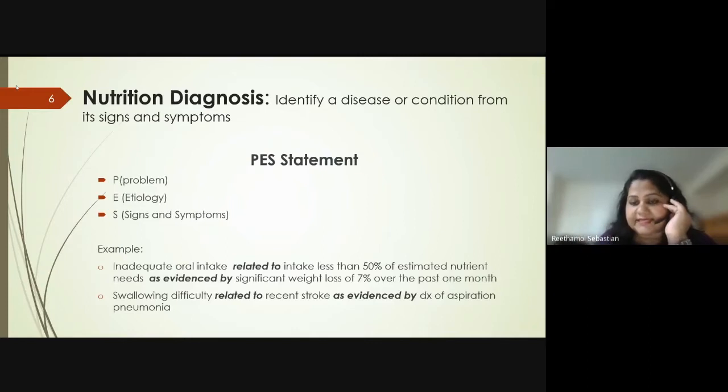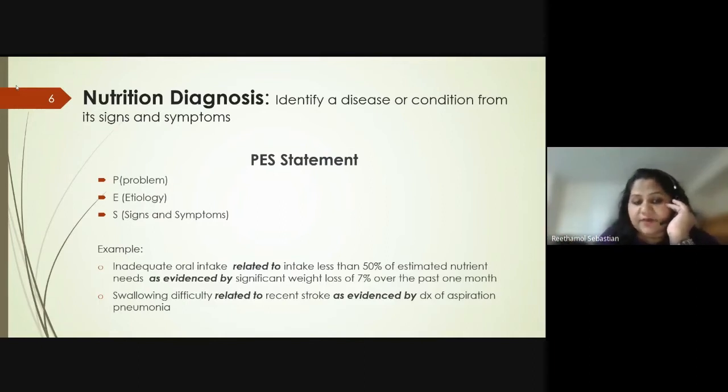Because the intake is less than 50% of estimated nutritional needs. That is the reason. And how do you know that? That means the signs and symptoms. Because they lost more than 7% of weight in the last 1 month. That's how you have to write a nutritional problem, not just saying someone has a weight loss or something. That's not the correct way.